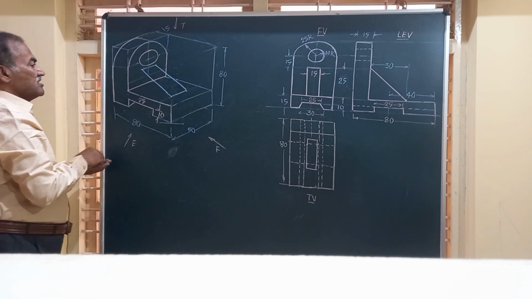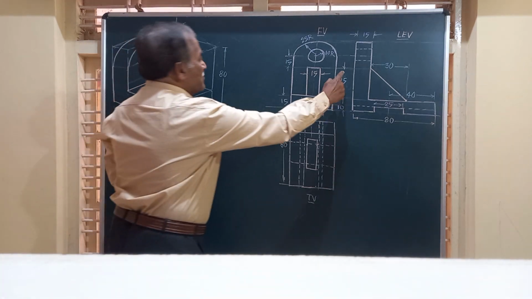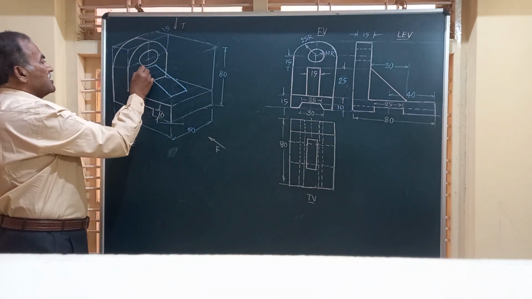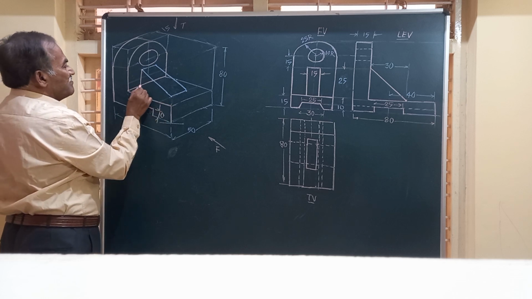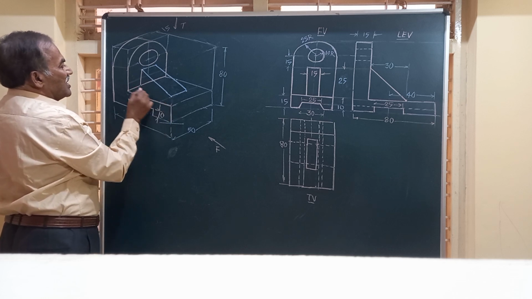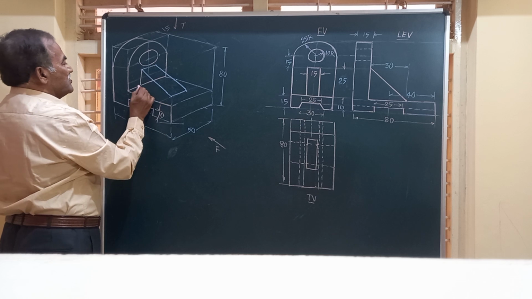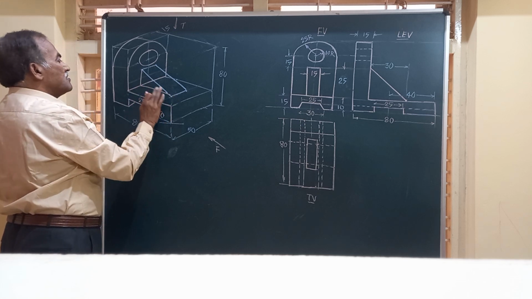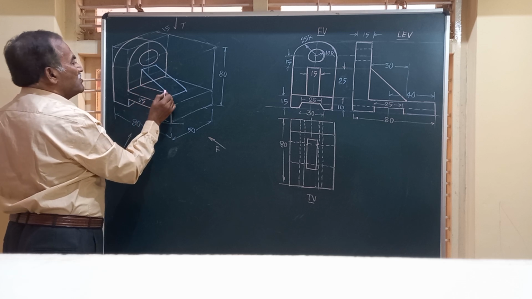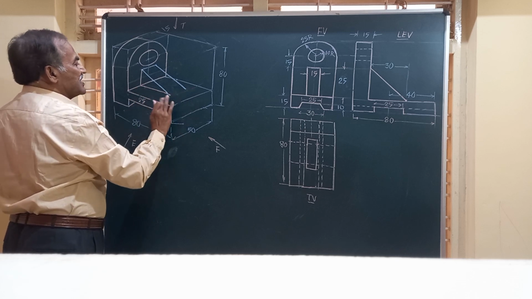And friends, now in the end view, it should be seen as a line, and from here I draw a vertical line, and again from this point where it is touching, another line parallel to this. So this is how this is connected, friends.